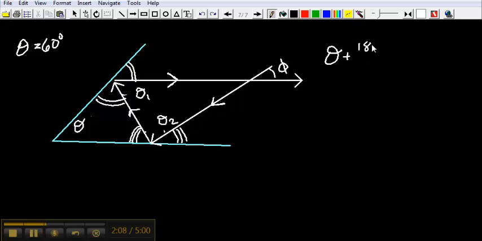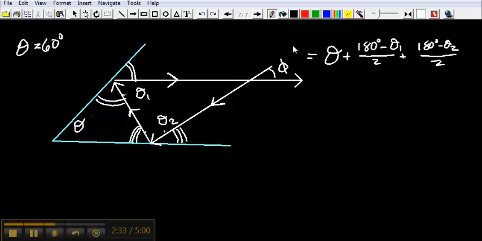So for that angle, 180 minus theta 1 divided by 2 plus, again, same situation, 180 minus theta 2 here and divided by 2. Because again, those lines have to add up to 180 just like the triangle.